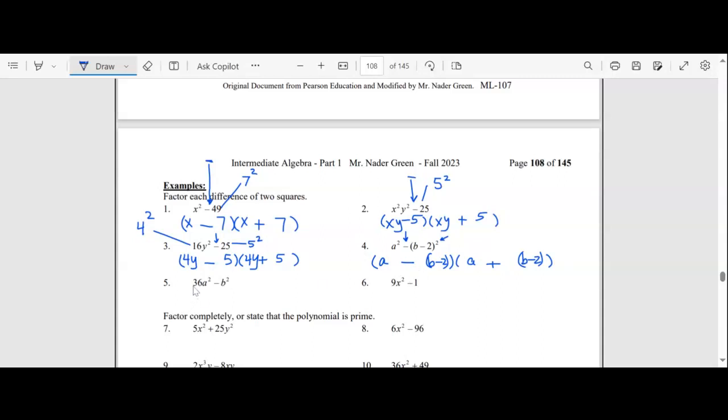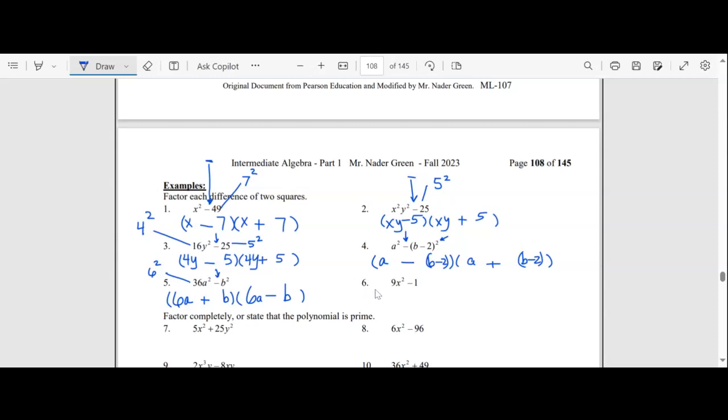Next one. 36, it's 6 squared. So do we have a negative in the middle? Yes. So that's difference of squares. So it's going to be 6, b, b. And don't forget a here, and you can make plus, minus. Does it matter? Negative first or positive first? It doesn't matter.